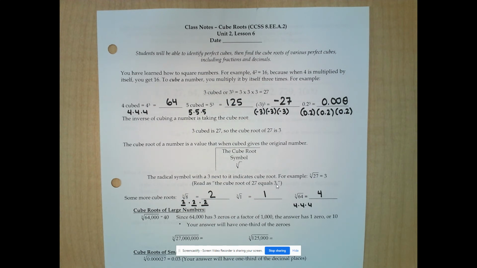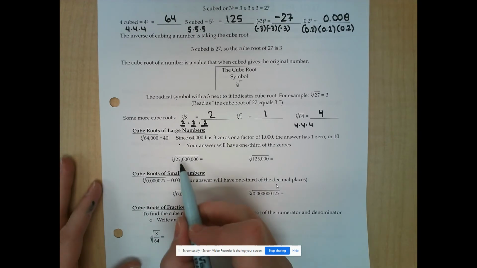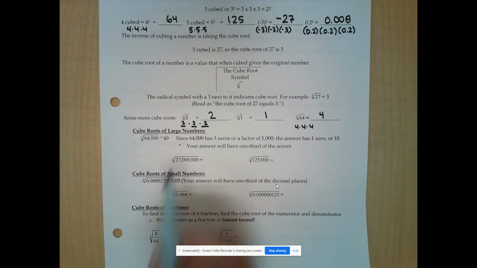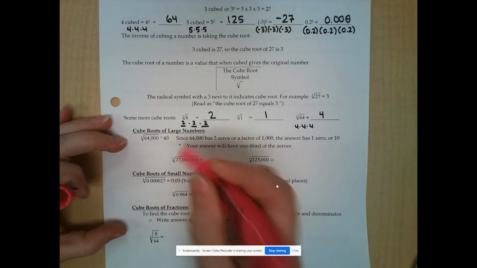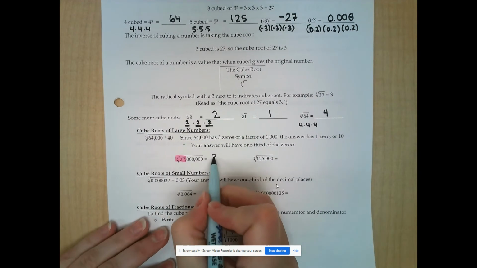Cube roots of large numbers. So this is going to be similar to our shortcuts we had for square roots. If I want the cube root of 27 million, I take the cube root of 27, and this time I'm going to take 1/3 of the zeros since it is cube root. So start with the cube root of 27, which is 3.